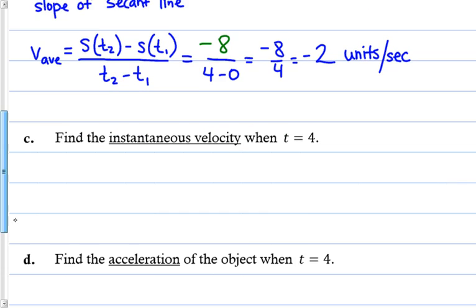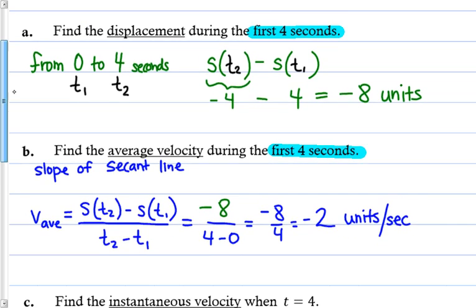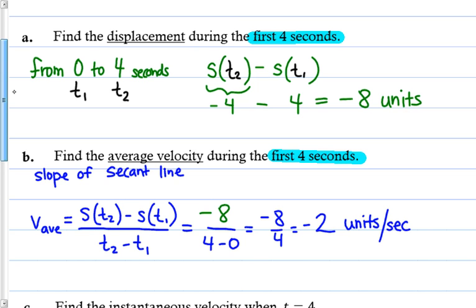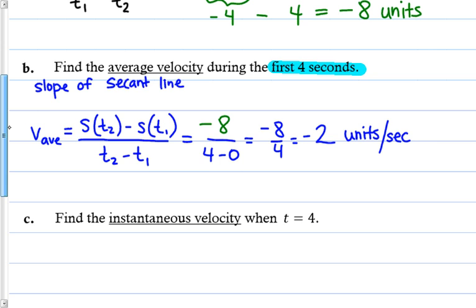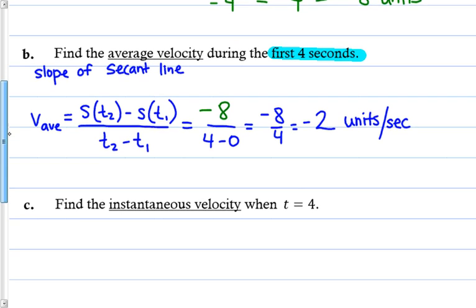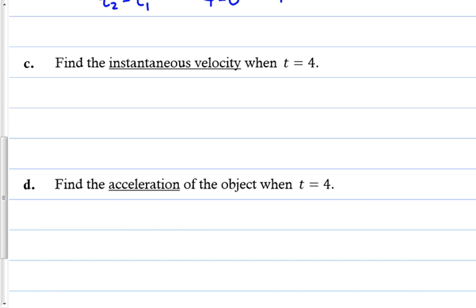Okay, C. Find the instantaneous velocity. Okay, so you're like, oh my god, they're just asking me for velocity, velocity, velocity. So displacement was basically how much it moved. B, average velocity, that's the old way of doing the secant, the slope. And C, instantaneous, that means at this time. I don't have 2 points, I just have 1.